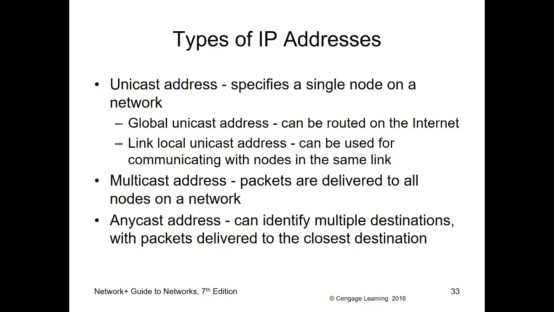Multicast means every node on a network. So if I use a multicast inside of my network, everybody inside of here gets that message. Anycast says, well, I need multiple locations, but I'm only going to send it to the nearest, closest place I can get to start with. So there's some differences in how we start sending out packets.